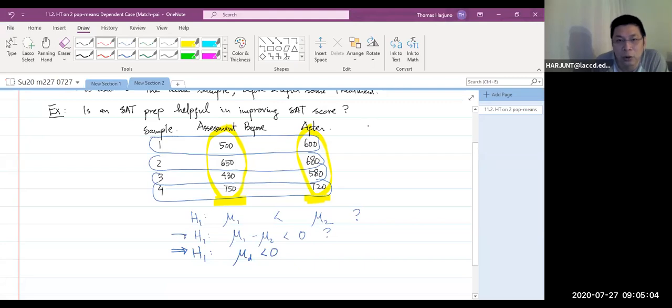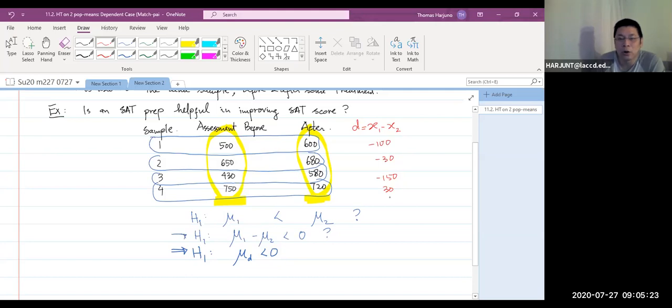Let's call this x1 minus x2, and call that the difference. So this is negative 100, this is negative 30, negative 150, and this is positive 30.